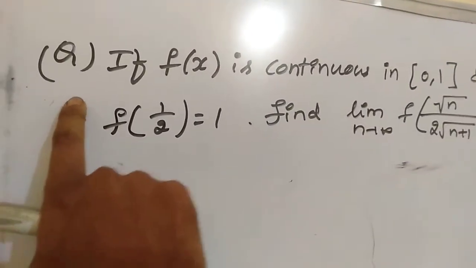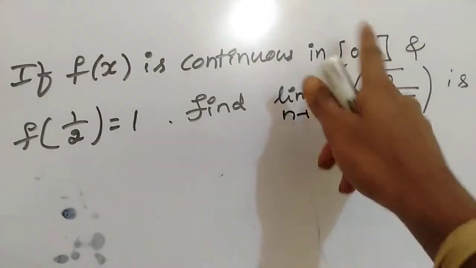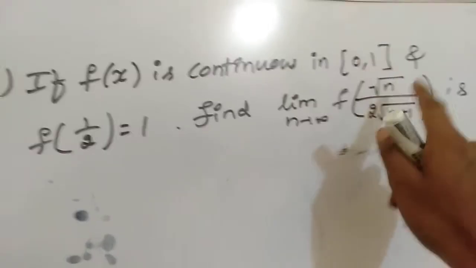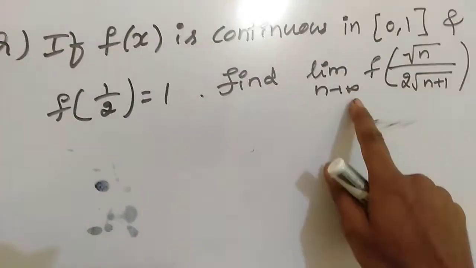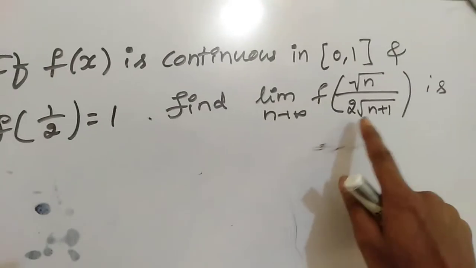We see that if f(x) is continuous in the closed interval [0, 1] and f(1/2) is equal to 1, find the limit as n tends to infinity of f(√n / (2√(n+1))).